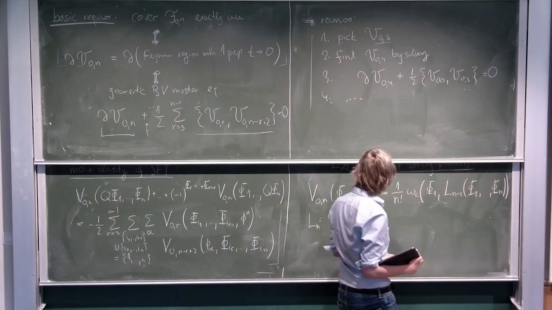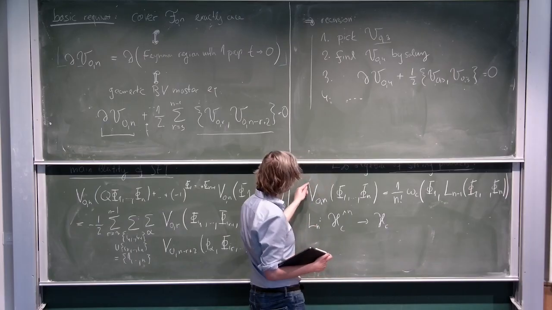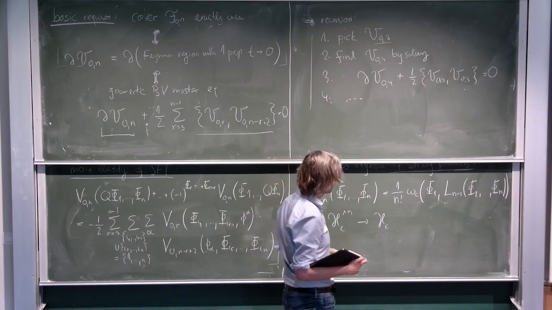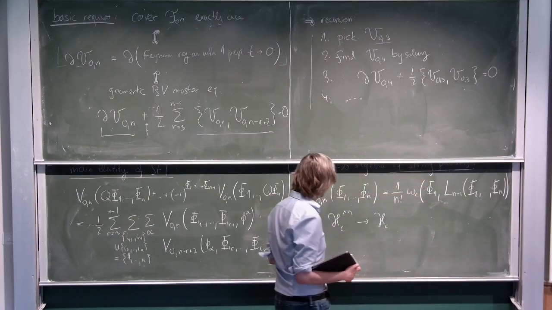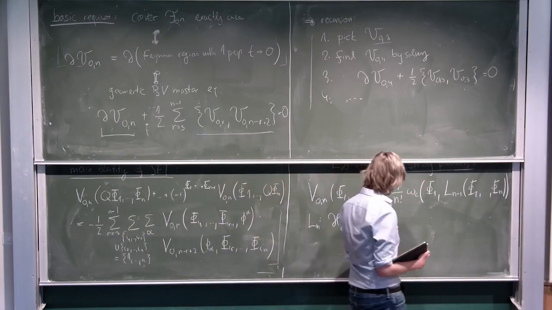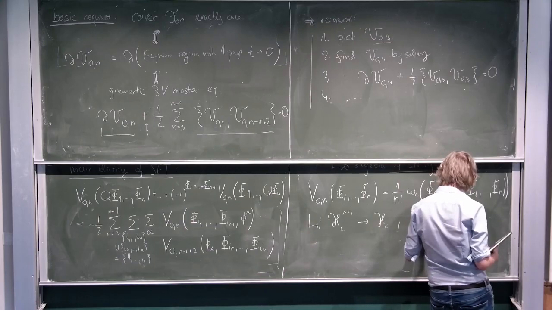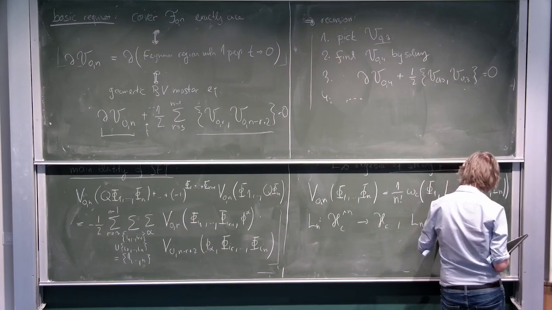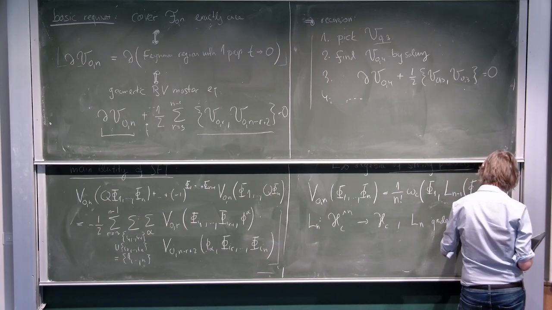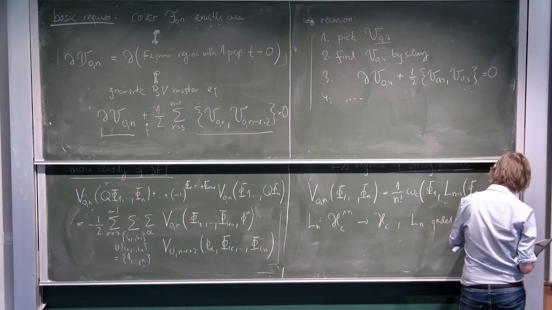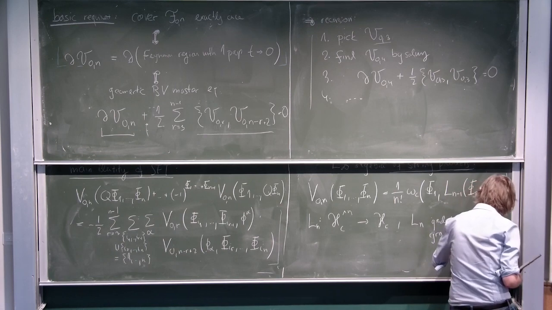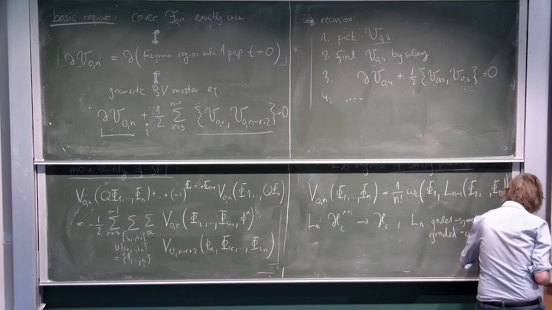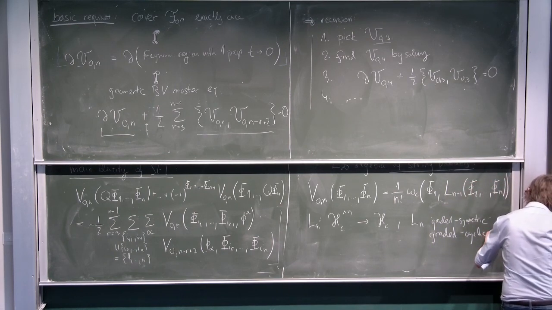But then, of course, we also know that the amplitude needs to be totally symmetric in all of the arguments, including this puncture here. So that map needs to be graded symmetric and also graded cyclic with respect to omega.